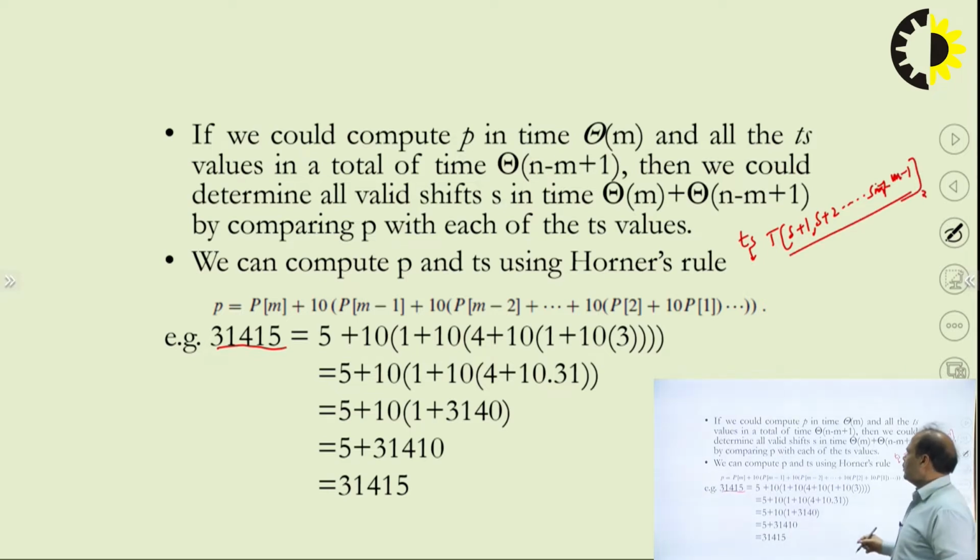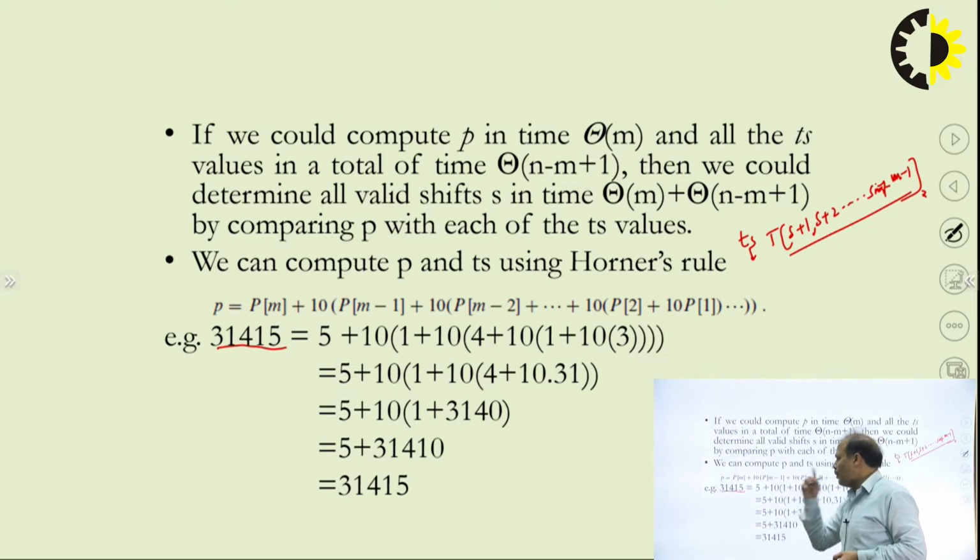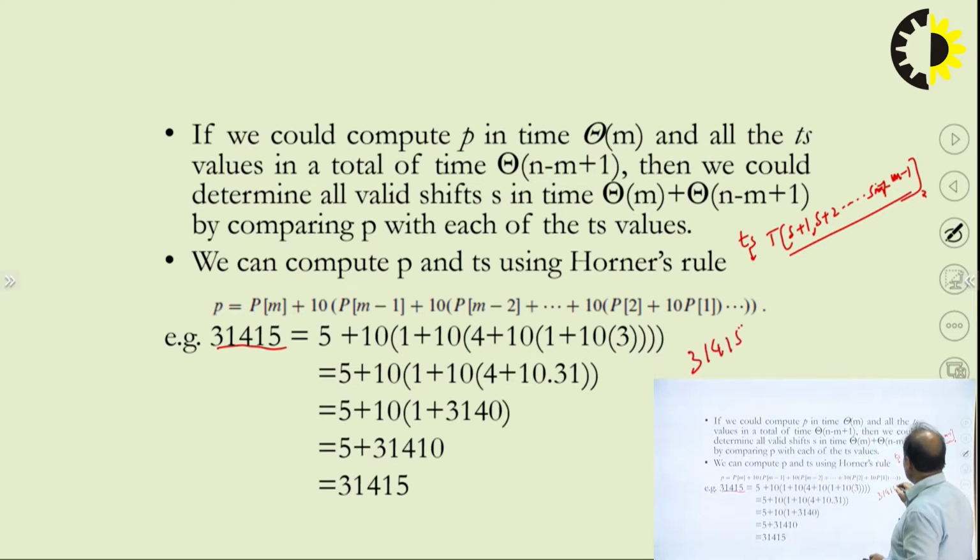Suppose you calculate the integer equivalent of the beginning number, like 31415 is given and the next text is going to be 2. If you know the integer value of this, how do you calculate the integer value of the next shift, 14152, efficiently? There is Horner's rule, which all of you may be aware of. It is a very good rule.